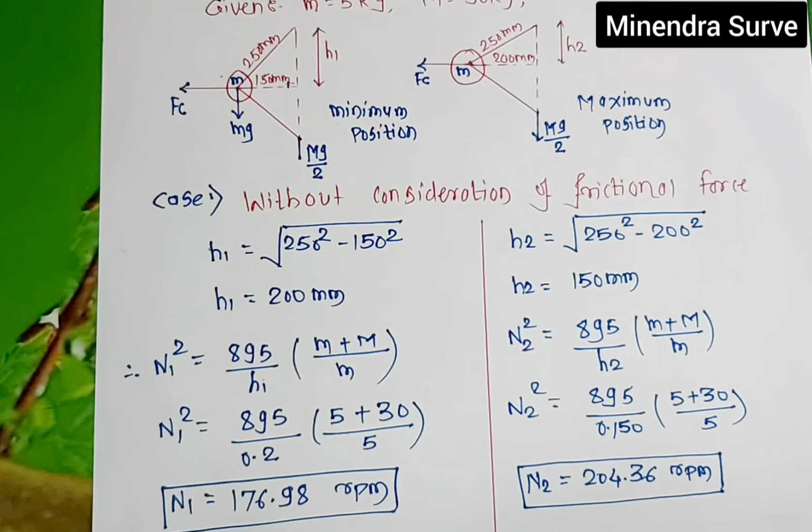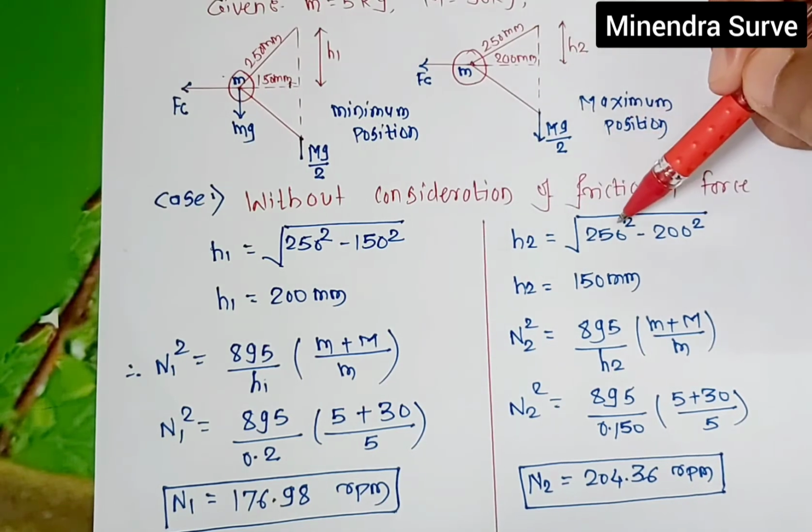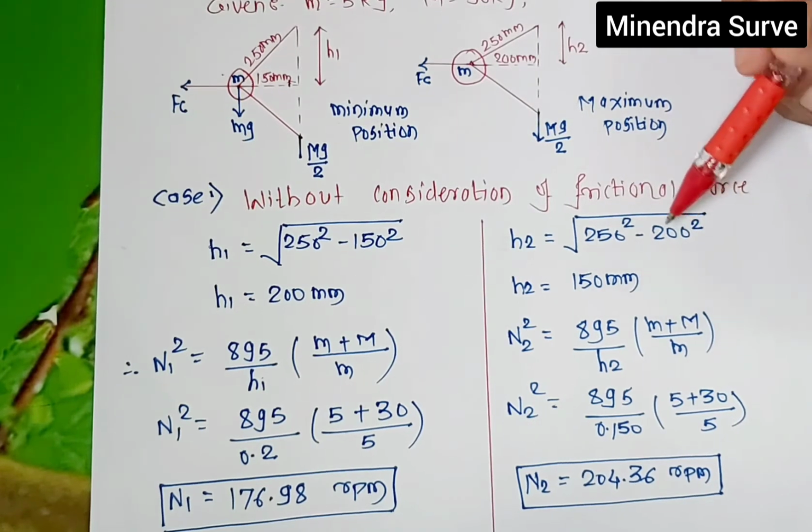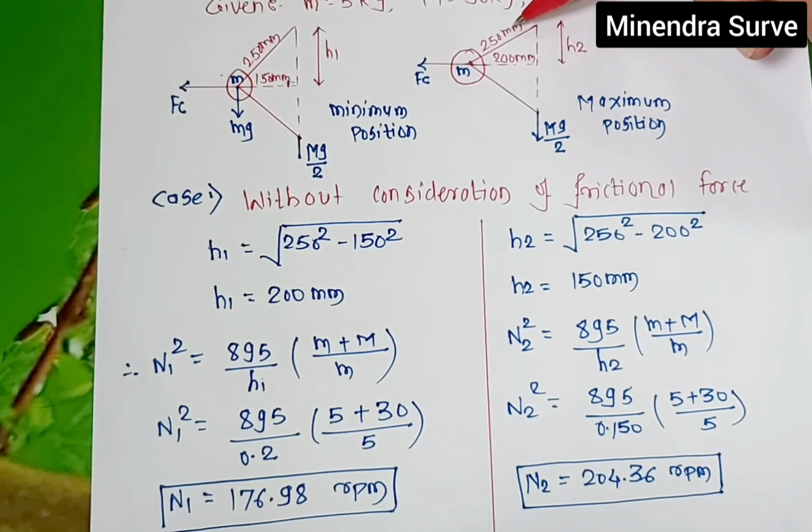Similarly, apply the same for the maximum position. Calculate H2 using the Pythagoras theorem. H2 squared is equal to 250 squared minus 200 squared, because the arm length is 250 mm and the radius of rotation has changed from 150 to 200 mm.